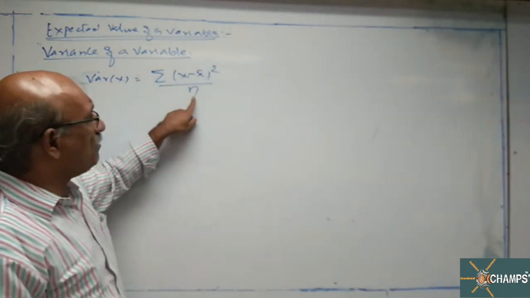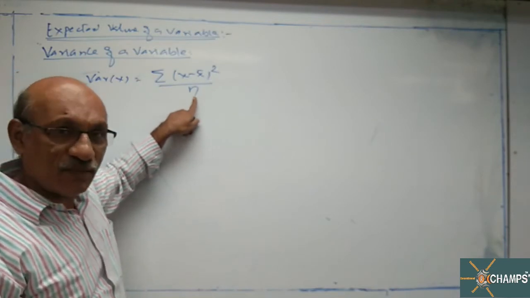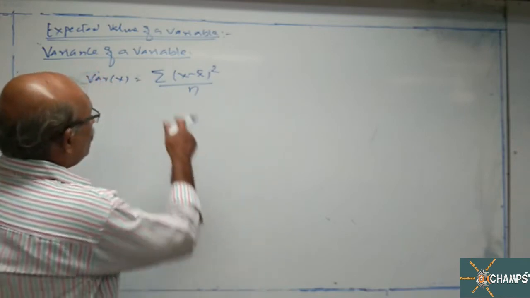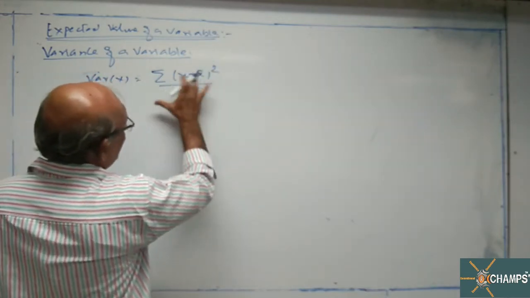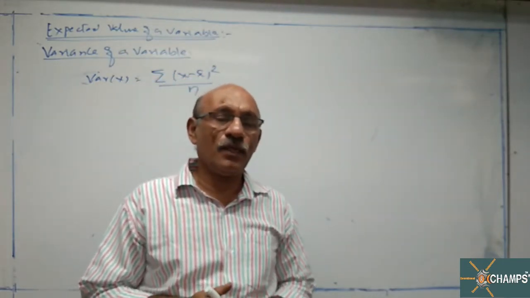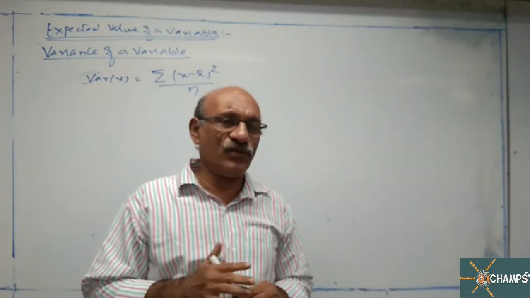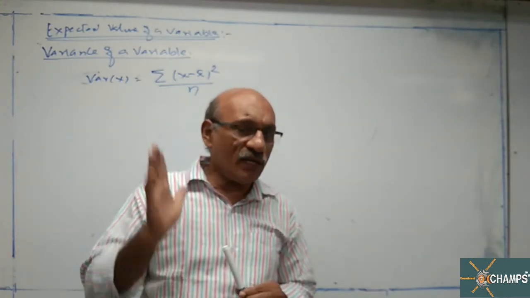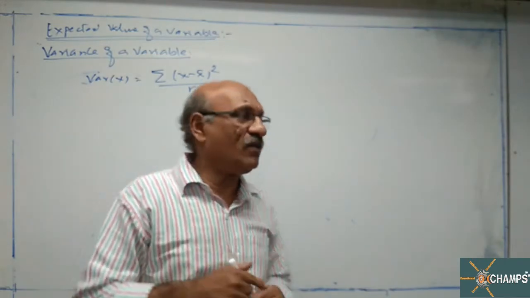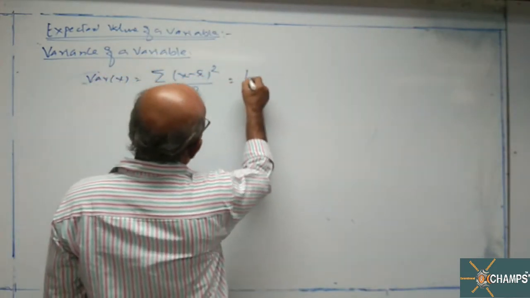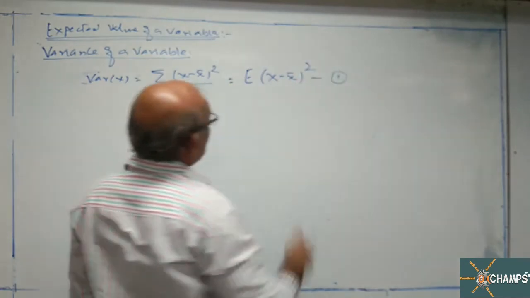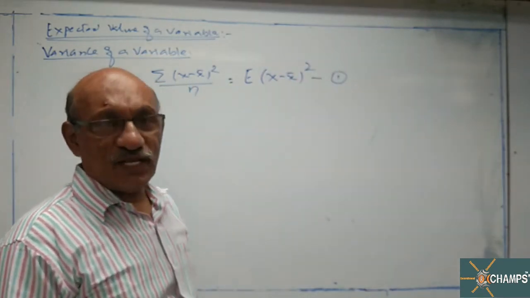Total divided by number of observations is nothing but arithmetic mean, and arithmetic mean is nothing but expected value. So you can also write this as expected value of x minus x bar whole square.